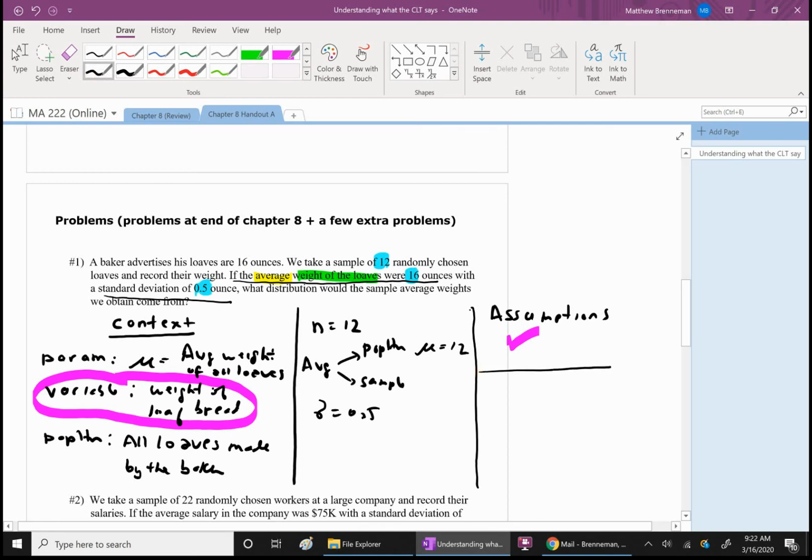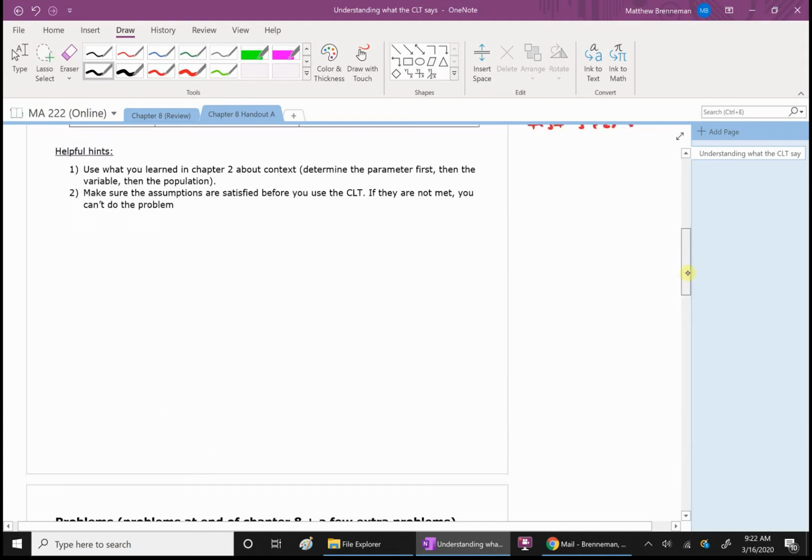So the central limit theorem is answering this question, right? What would the distribution of the sample averages, the mu hats, be? And so the central limit theorem tells us that mu hat has a normal distribution. And I'm just going to go up here and put the numbers in.